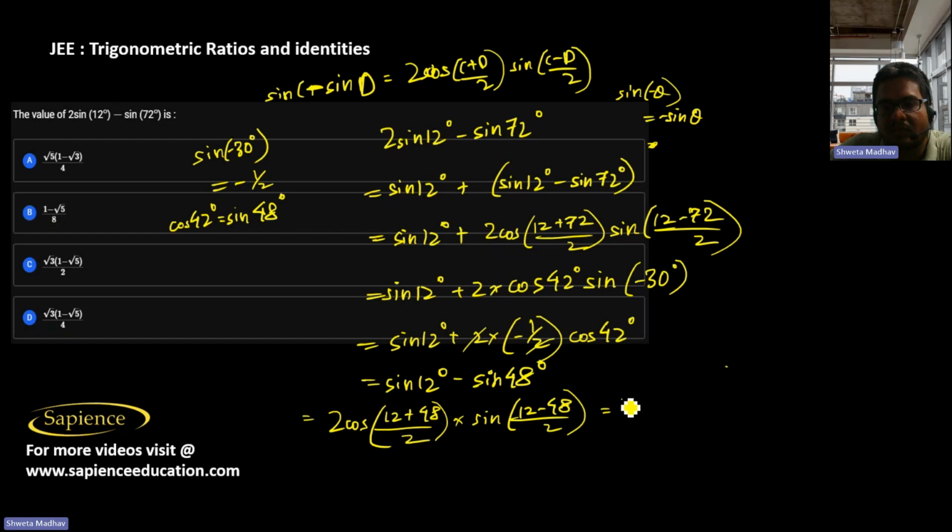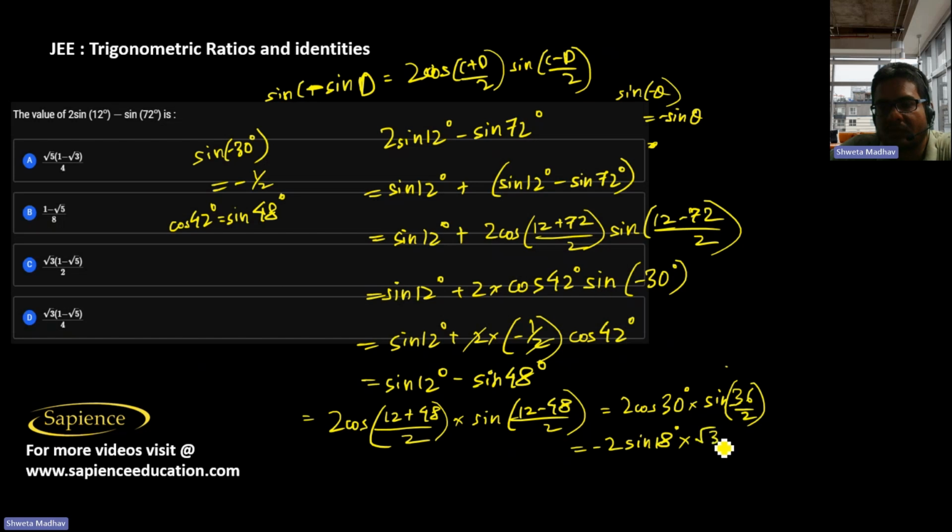So this will be 2 cos of 60 by 2, that is cos 30 degree, into sine of minus 36 by 2, that is minus 18. So it is minus 2 sine 18 into cos 30.